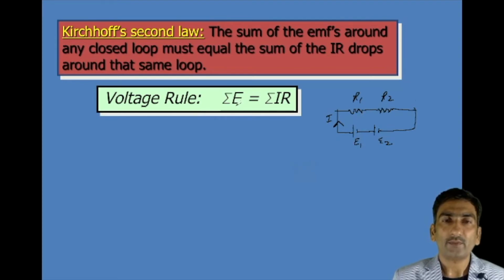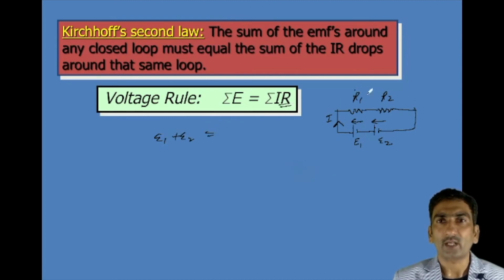The net potential difference across these batteries, you can write E1 and E2. If you look at that, negative to positive, they are increasing in the same order, so simply you write E1 plus E2 equals IR. How many resistors are there? R1 and R2. The current is the same, so you can say IR1 and IR2.